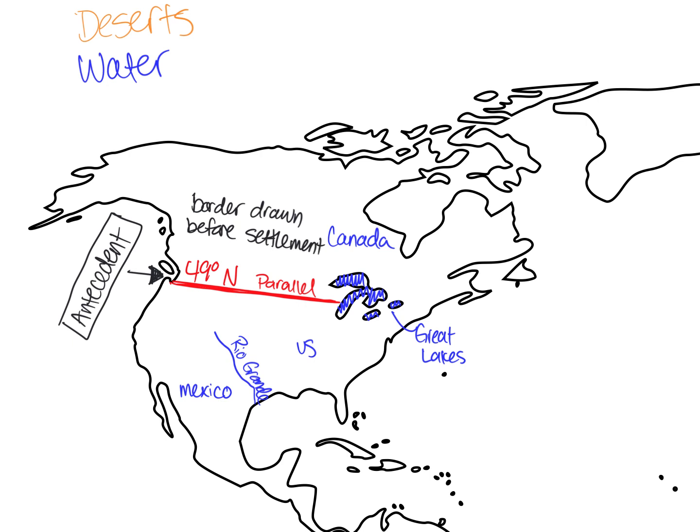Yes? Why was like Russia and Canada's border like also antecedent? Russia and Canada? Yeah. I don't know. What is that? I don't know Russia and Canada history. No. Where do you see that? Alaska. Alaska's part of the US. No, like when it was Russia. They used to be like Russian, right? Oh, I have no idea. Oh yeah, Alaska was Russia before it was bought by the US.